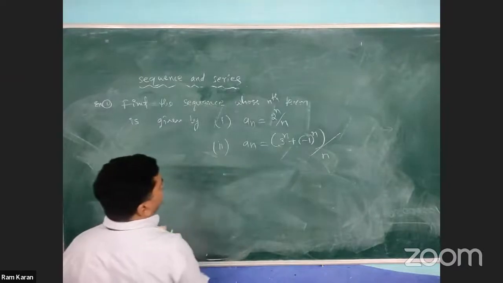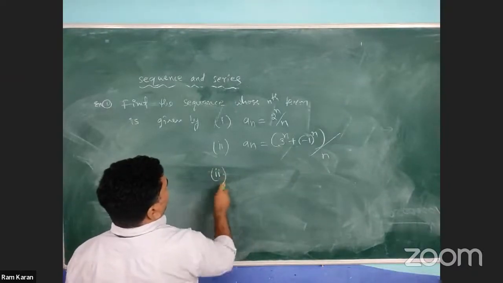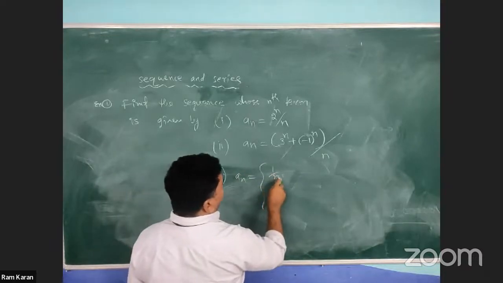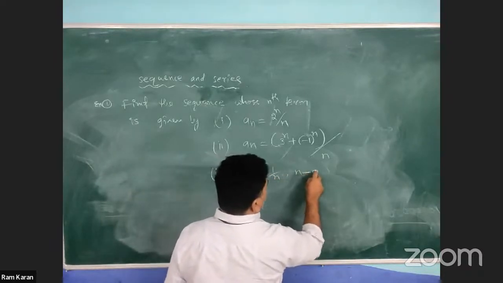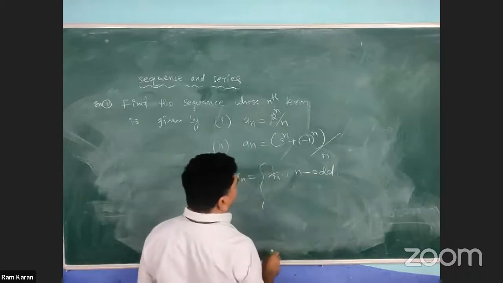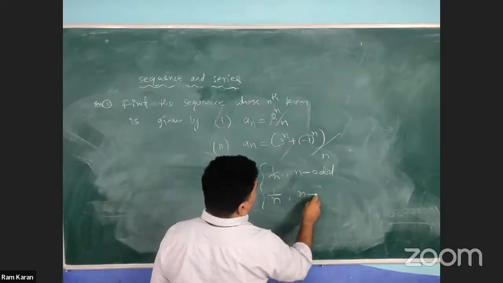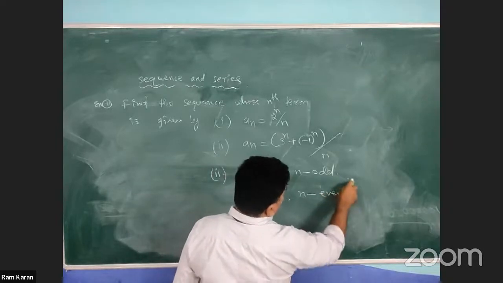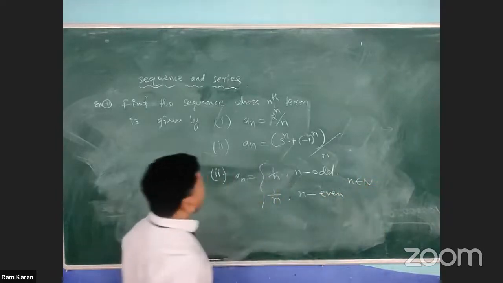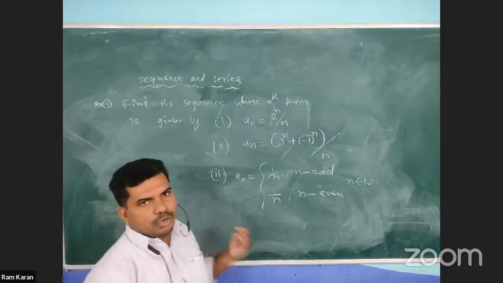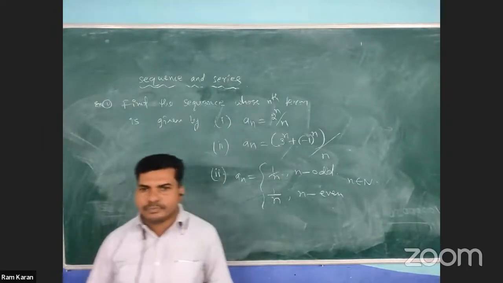Now do the third one. a_n is equal to 1 by n when n is odd, and minus 1 by n when n is even, where n belongs to the natural numbers, because the domain is all natural numbers.